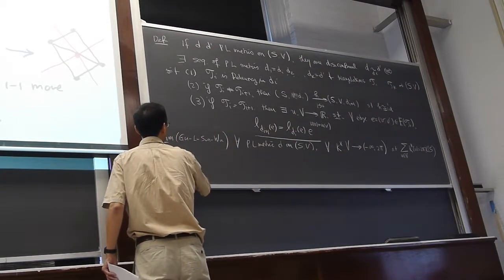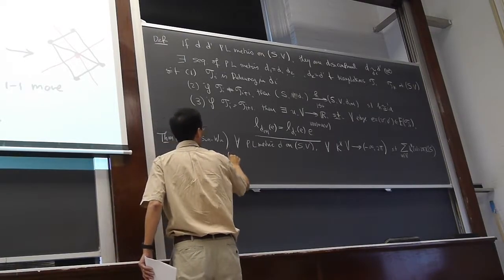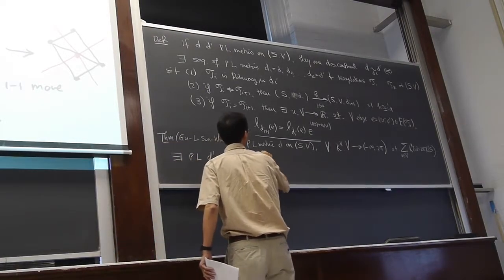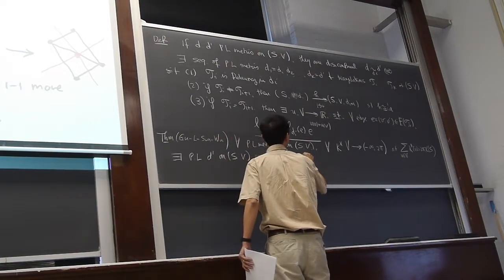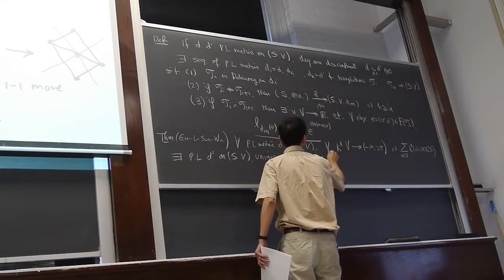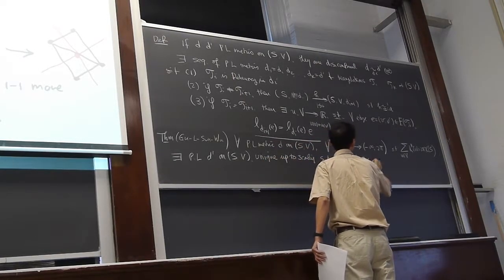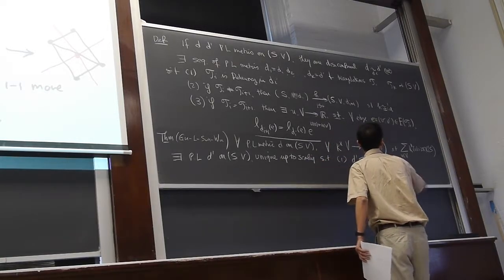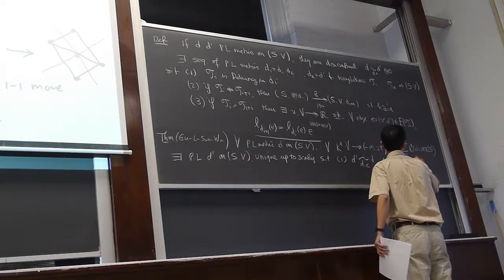Then there exists a PL metric D prime on this marked surface, unique up to scaling, such that first this D prime is discrete conformal to D, and second the curvature is the assigned one.